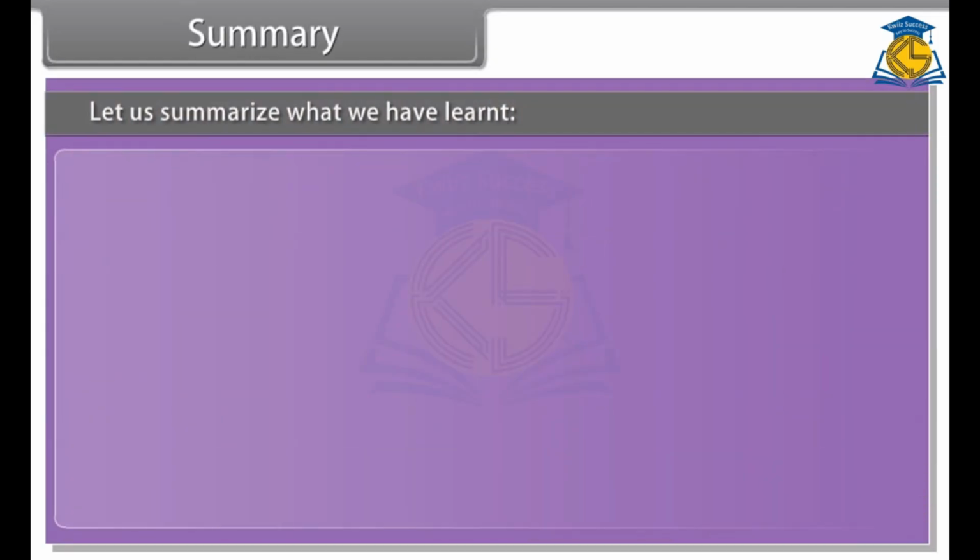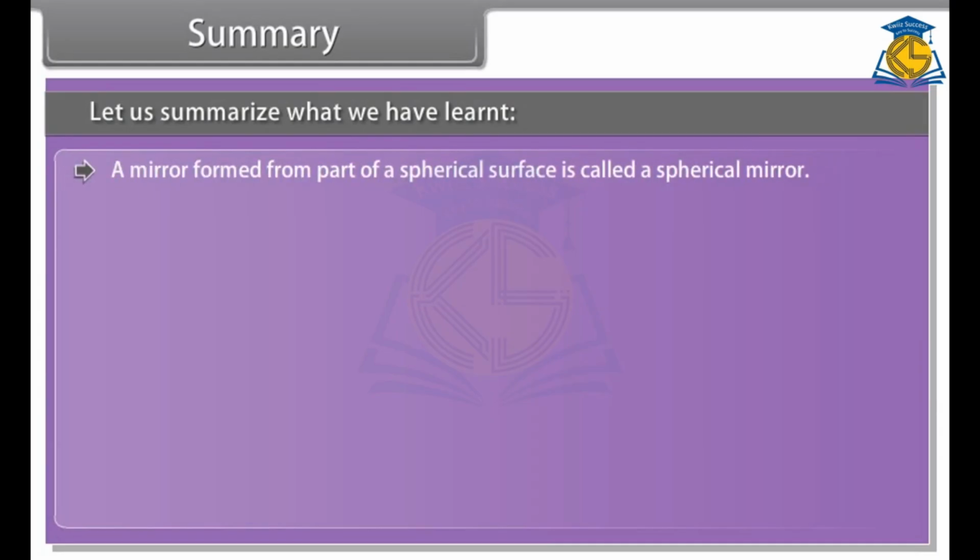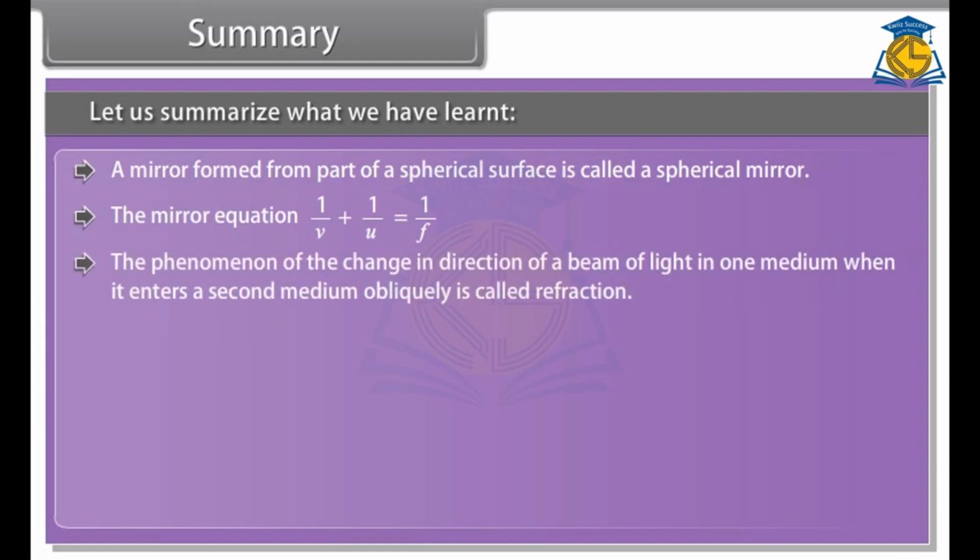Summary. Let us summarize what we have learnt. A mirror formed from part of a spherical surface is called a spherical mirror. The mirror equation: 1 by V plus 1 by U is equal to 1 by F. The phenomenon of the change in direction of a beam of light in one medium when it enters a second medium obliquely is called refraction.